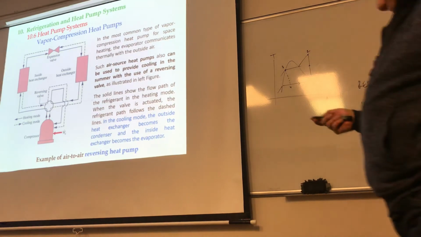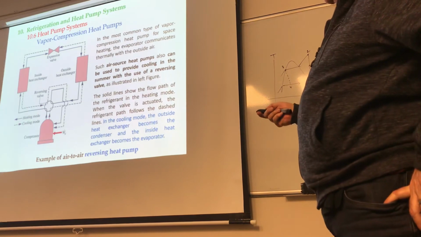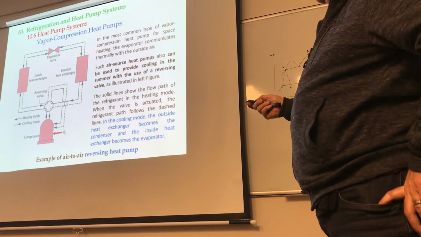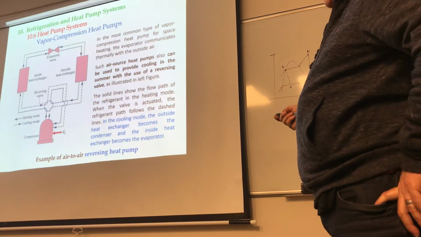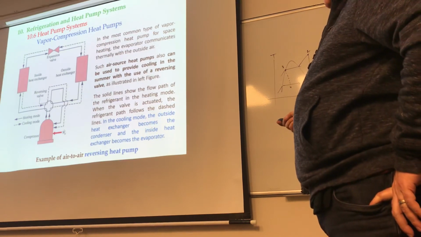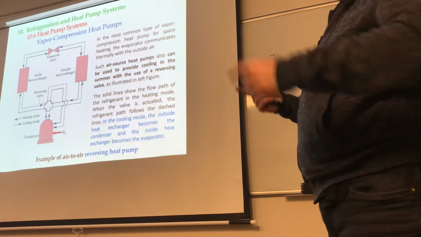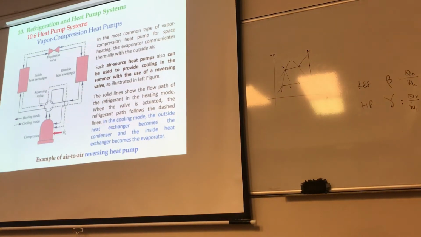Here the solid lines show the flow path for the refrigerant in the heating mode. And going this way, it's kind of a clockwise direction, if you will. In the cooling mode, the outside heat exchanger now becomes the condenser, and the inside becomes the evaporator. So you're just reversing the flow, and now you're extracting heat from the inside and dumping it to the outside, thereby cooling the inside and heating up the outside.